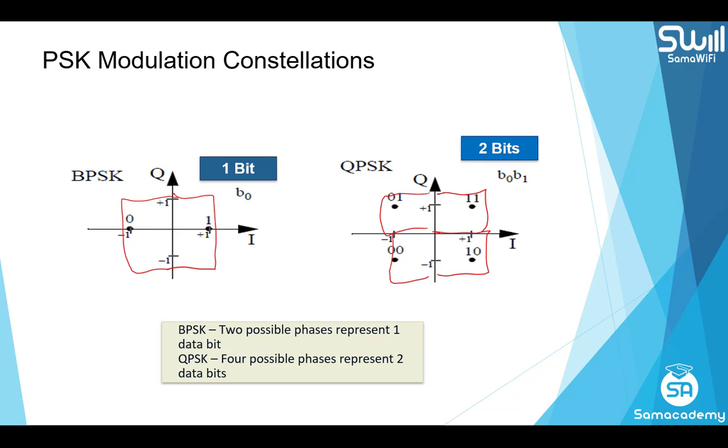However, QPSK is also twice as efficient as BPSK because the same carrier signal can represent 2 bits instead of 1. Modulation methods with more data points can represent more bits, but they require better signal quality for the receiver to understand what data was transmitted.